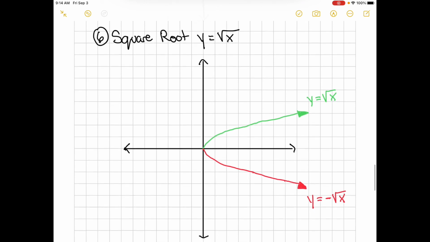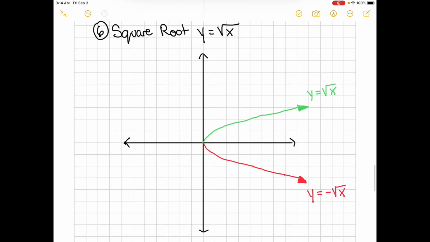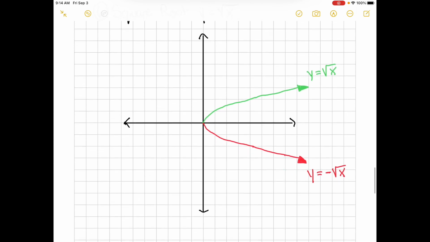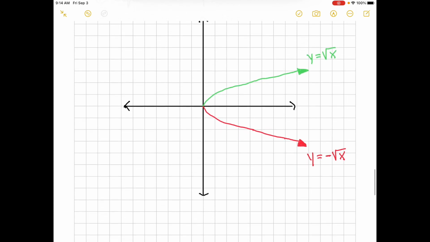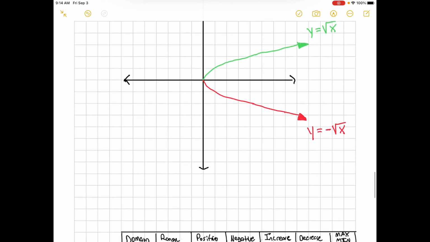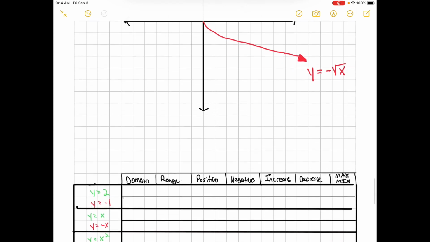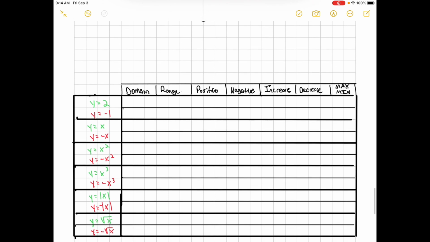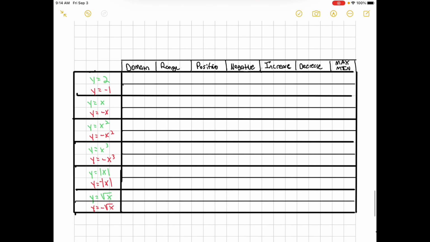And as far as your test material goes, this is the last thing I want to cover that'll be on your next test, and I'll make a study guide for y'all and post that probably Tuesday. But the last thing I want you to do for these notes is make a chart for the parent functions that we did.